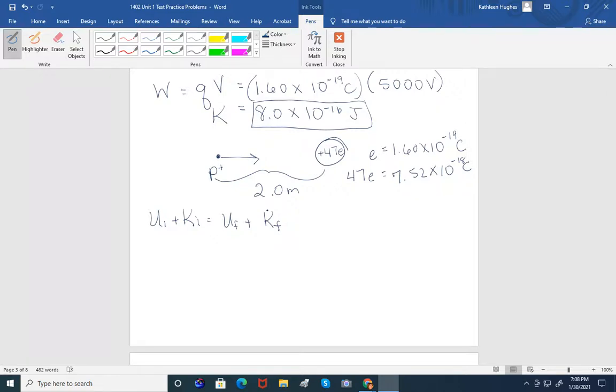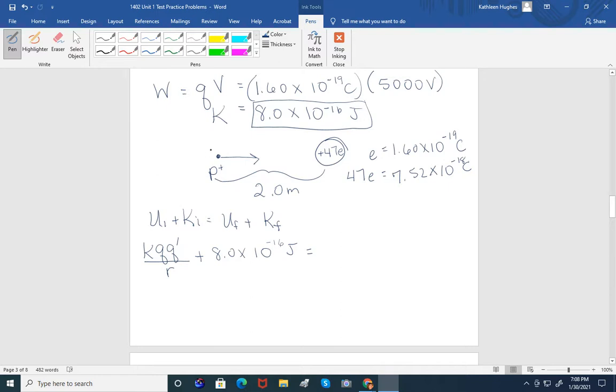Our potential energy formula is k q q prime, or q1 q2, the two different charges, over the distance. That's our formula for potential. Our kinetic, we know. Initially, our kinetic energy is 8.0 times 10 to the negative 16 joules.